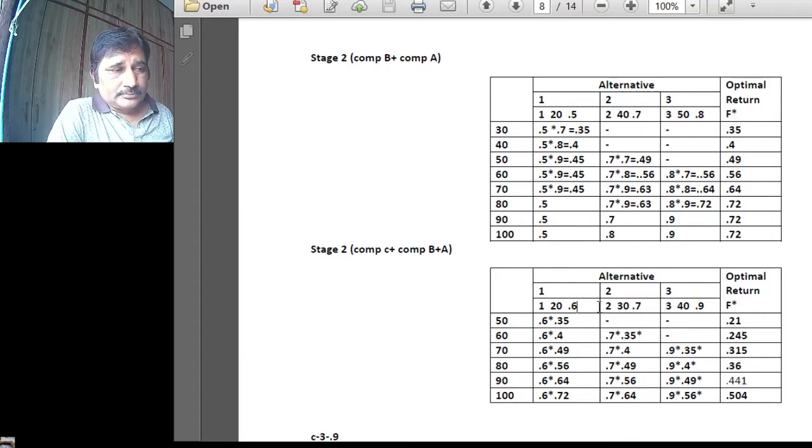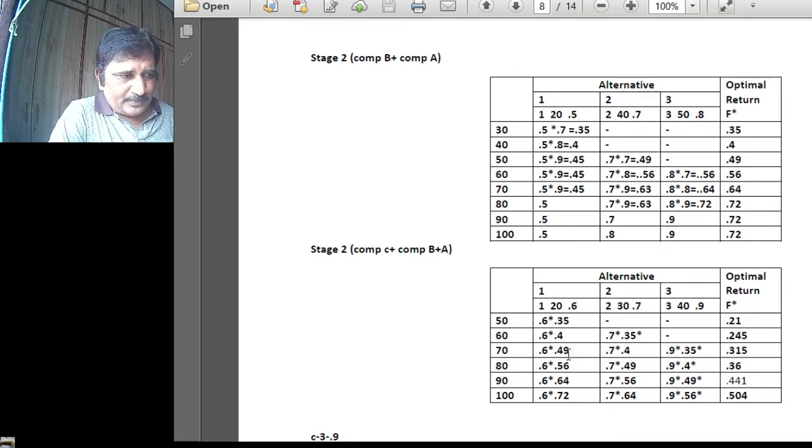So 30 rupees, within that 30 rupees, you have the optimal return of 0.35. Then here the gap will be the amount remaining, the remaining value of the state. Here it will be 60 minus 20, 40, and the optimal return for that is 0.4.